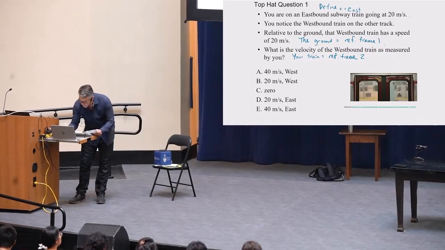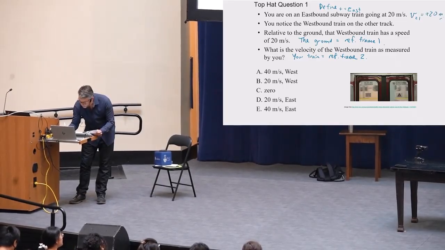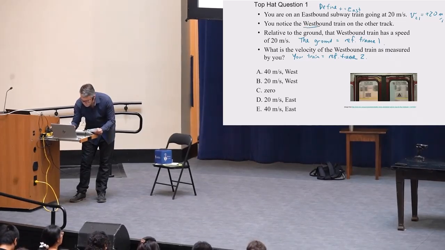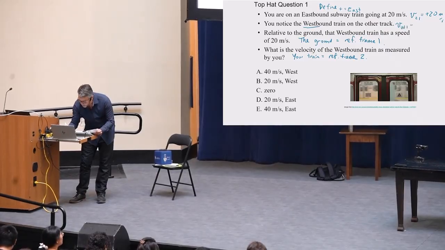So the velocity of reference frame 2 relative to the ground is equal to plus 20 meters per second. And then there's a westbound train, let's call this W. The velocity of W relative to the ground is equal to negative 20 meters per second.